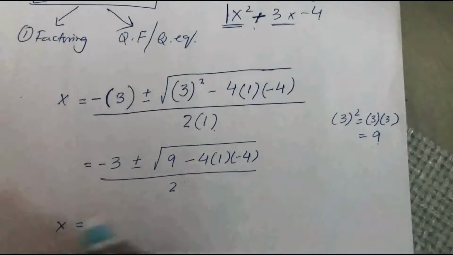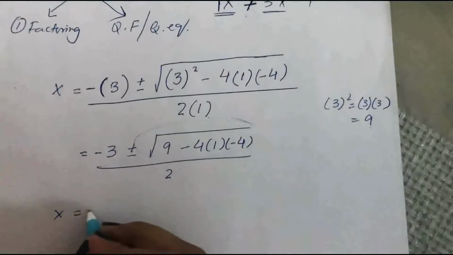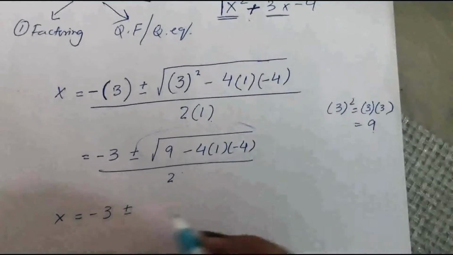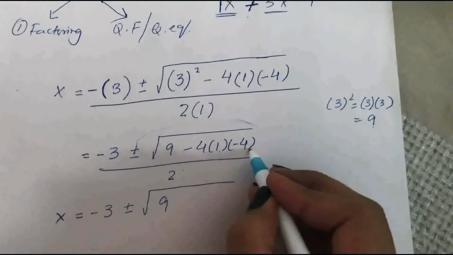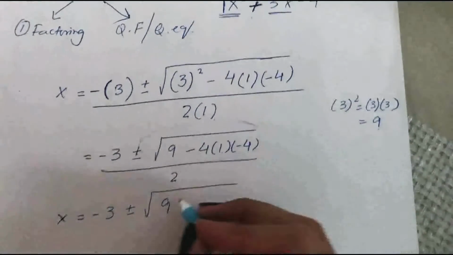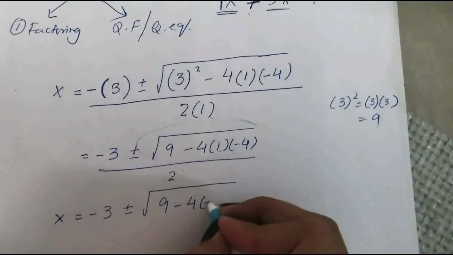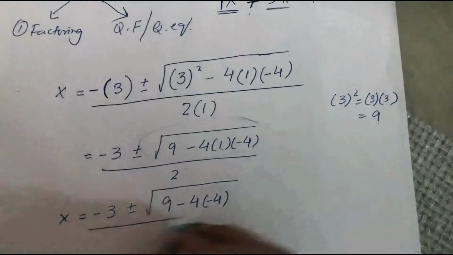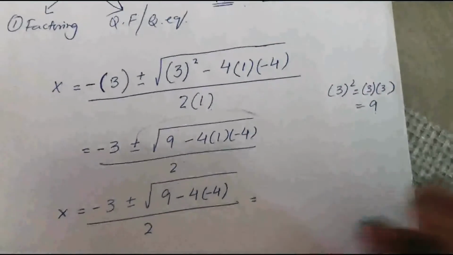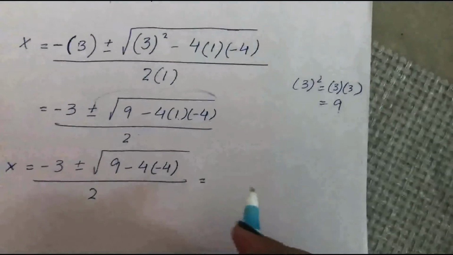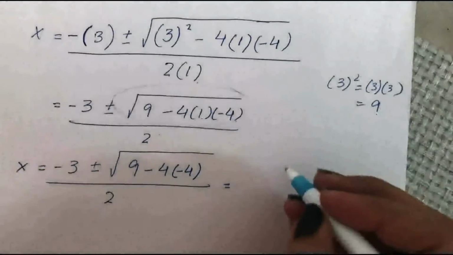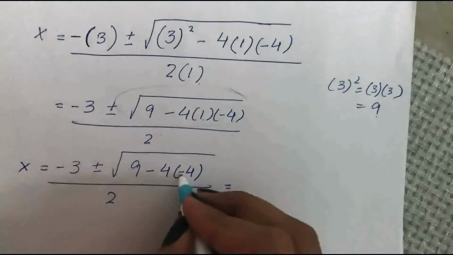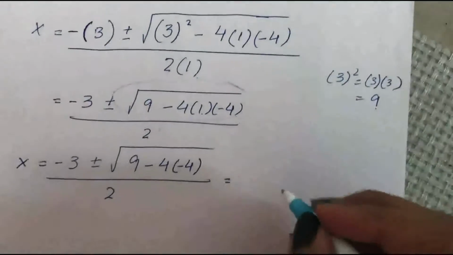Let's go ahead and solve this expression here. 1 times negative 4 gives us negative 4. So what is 4 times negative 4? It gives us negative 16.